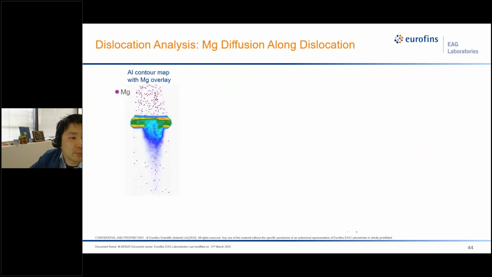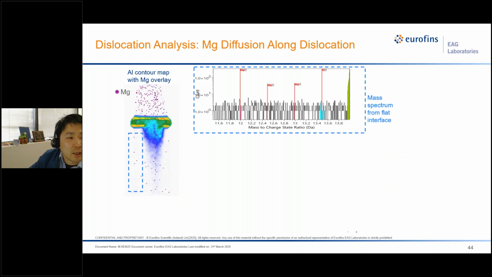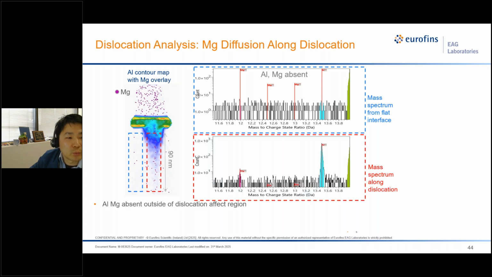This is an overlay between the 2D contour map and the magnesium distribution. Outside of the dislocation in the gallium nitride, we did not detect any magnesium or aluminum, but along the dislocation core, we clearly see magnesium and aluminum.